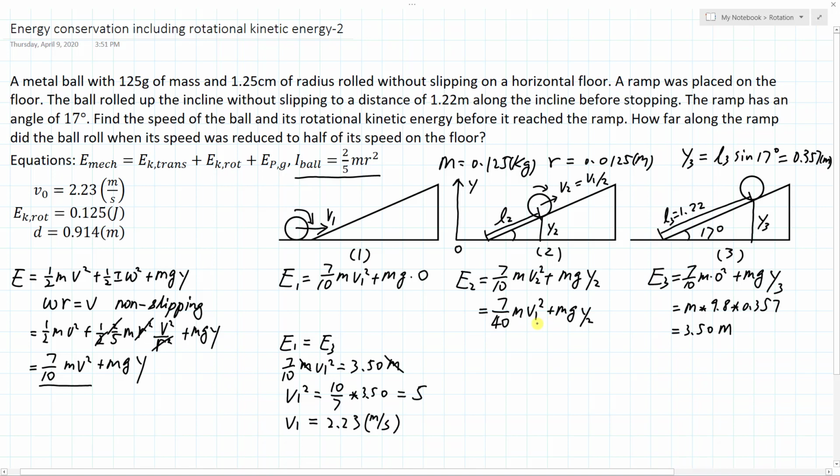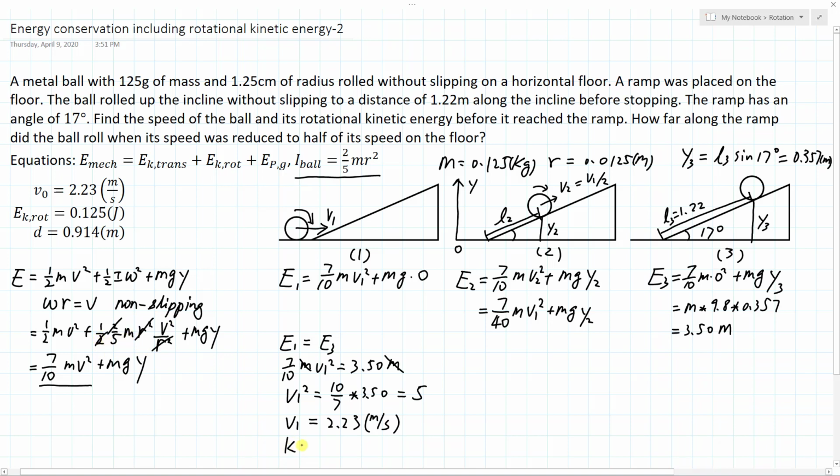Oh right, I forgot we should calculate this, the rotational kinetic energy. If we go back over here, this is that rotational kinetic energy, and it is 1/5 mv squared.